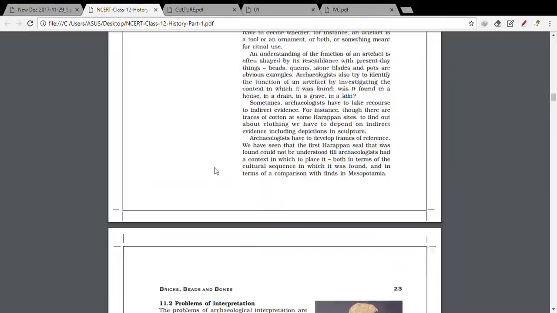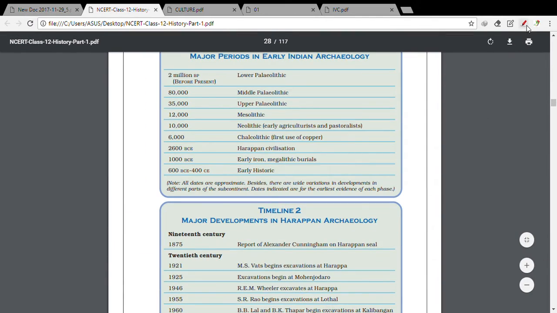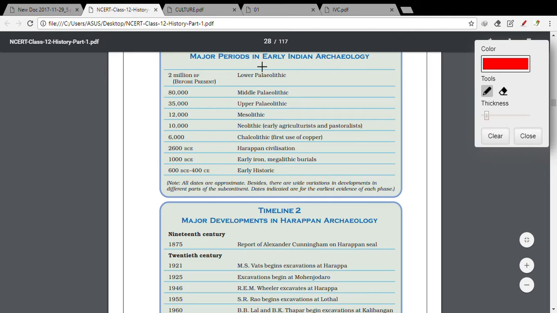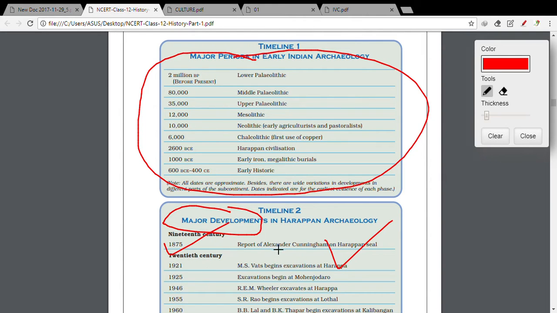So these are the things they have discussed, and we are also going to look at this important timetable which talks about the major periods in early Indian archaeology and also the different excavations or major developments in Harappan archaeology. This is not very important, just remember the names, especially Alexander Cunningham, who was the founder of the Archaeological Survey of India, which is headquartered at New Delhi, in 1861.